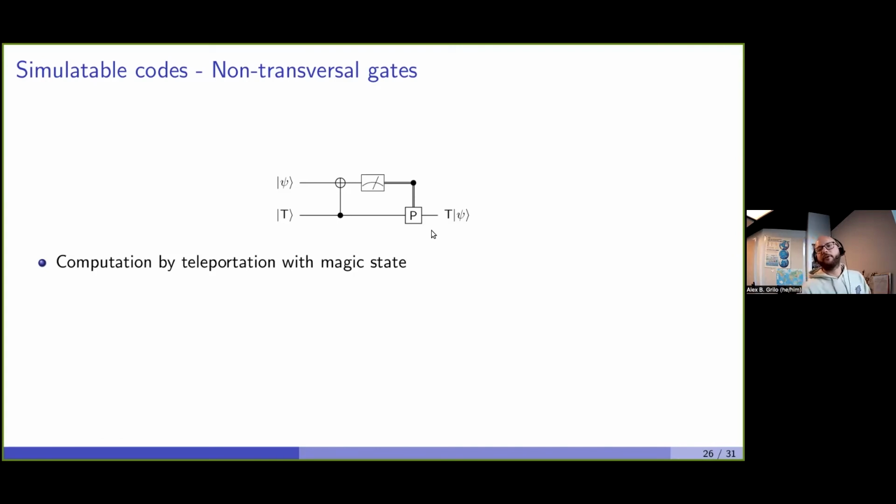So this non-Clifford gate T on the qubit psi. And this is very useful because if you do it in the encoded version, since every operation here is Clifford with classical control, then you can actually apply the T gate on this encoded state psi that you had. So this T gadget does not really care if the state is encoded or not if you apply it transversally.